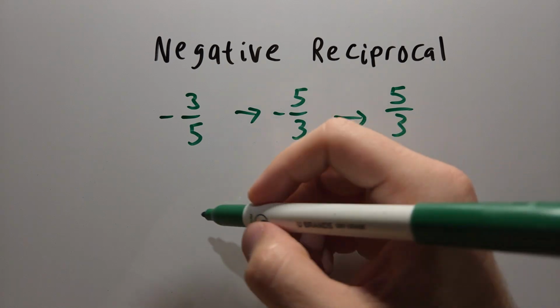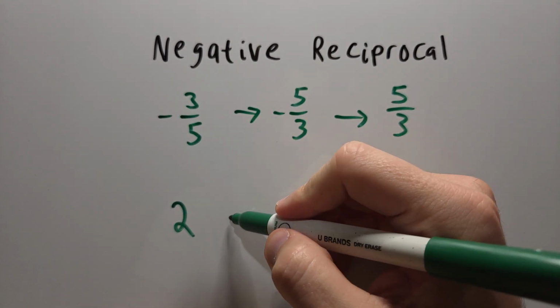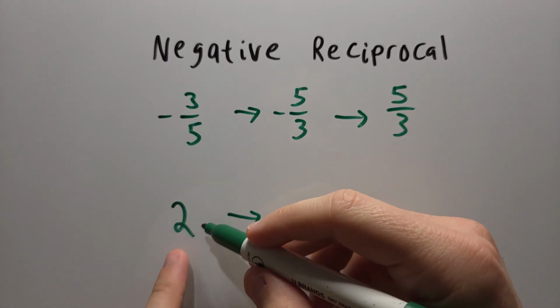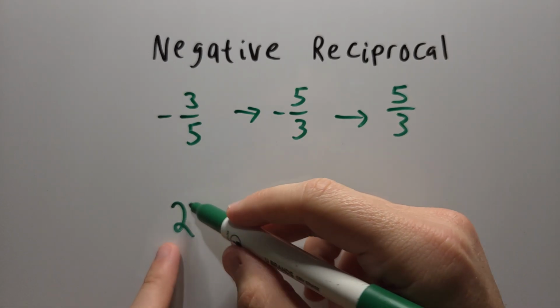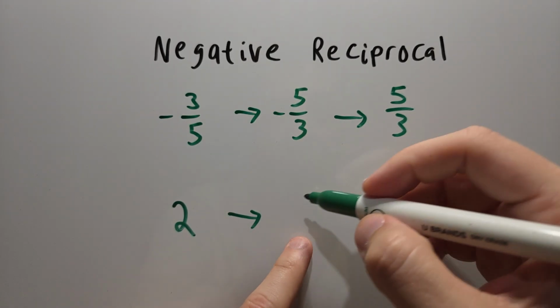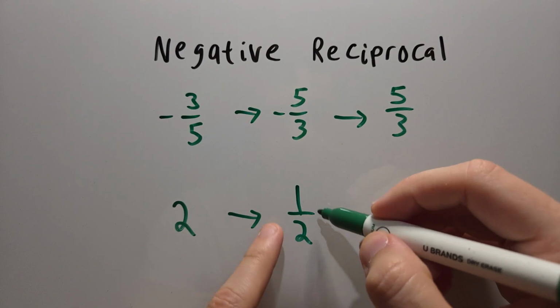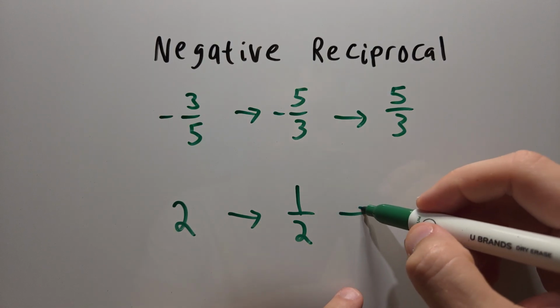Here's one more example. If I have +2, the reciprocal of an integer such as this, particularly more specific, a whole number like 2, you start by finding its reciprocal, and then you take its negative.